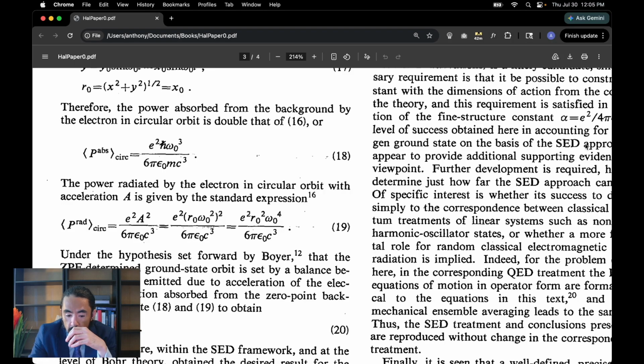This is finally equal to e² r₀² ω₀⁴ over 6π ε₀ c³.